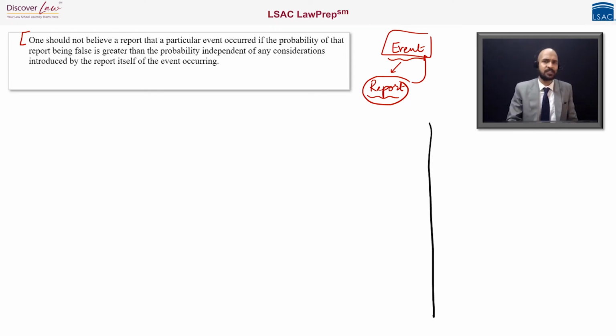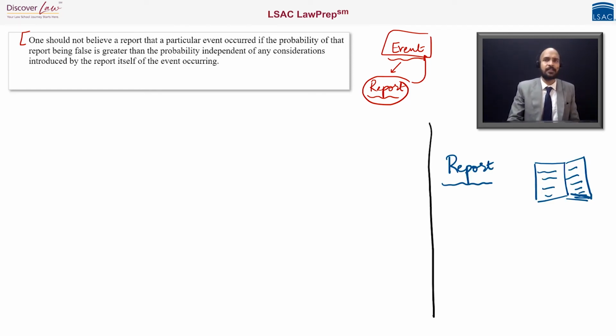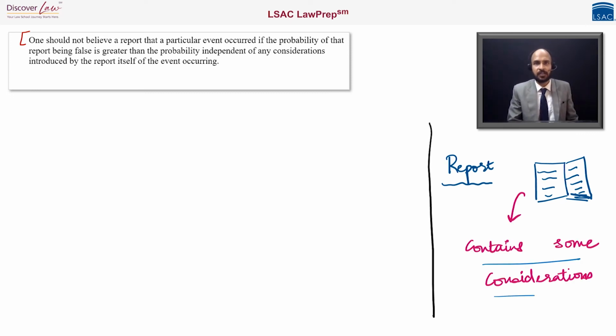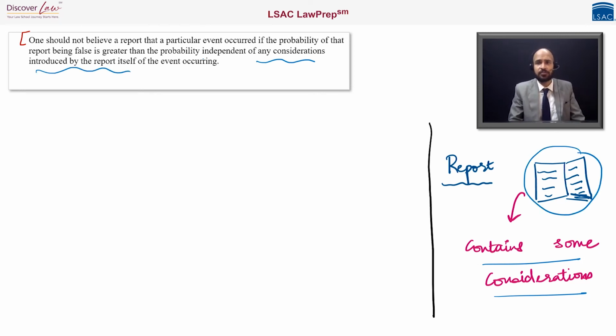So what it says is that let's say you have this report, and this report gives you some details about an event. So this report basically contains some considerations which relate to the event. This is what is spoken of here. Considerations introduced by the report itself. Let us say these are the considerations introduced by the report.